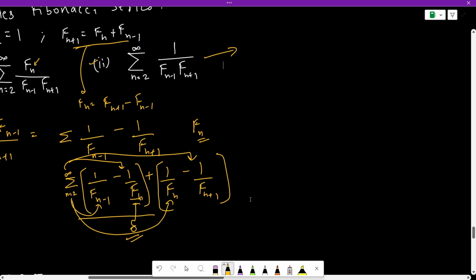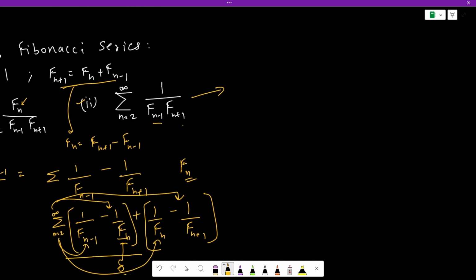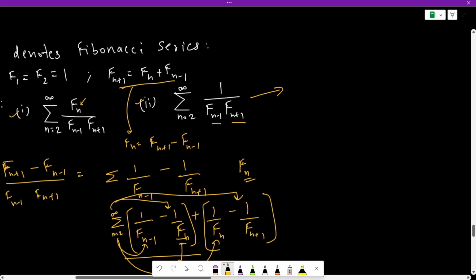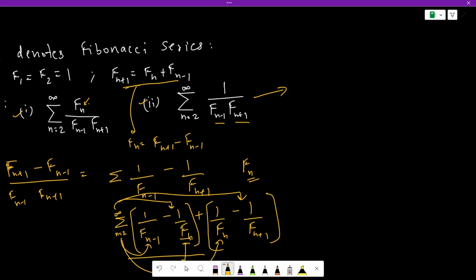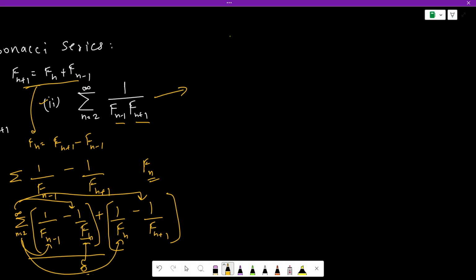Now this is the second part. Here what we have is 1 by F of n minus 1, F of n plus 1. But in the first part we saw that if we have Fn in the numerator we can easily break this. So let's multiply and divide by it. So it will be summation Fn by Fn minus 1 Fn Fn plus 1, right?